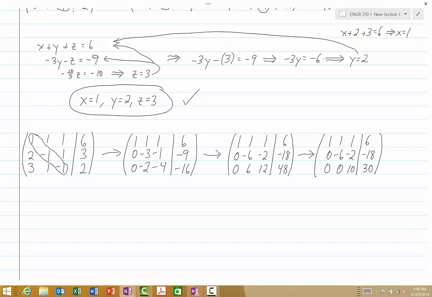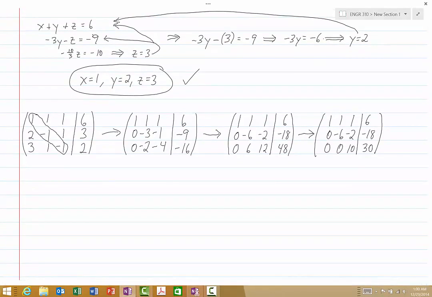And now if we write down our system of equations corresponding to this augmented matrix, we get x plus y plus z equals 6. Now notice, if you wanted to, before writing down the system of equations, you could multiply through this row by 1/2 if you wished, and then you would get back to this equation right here, but there's no need.